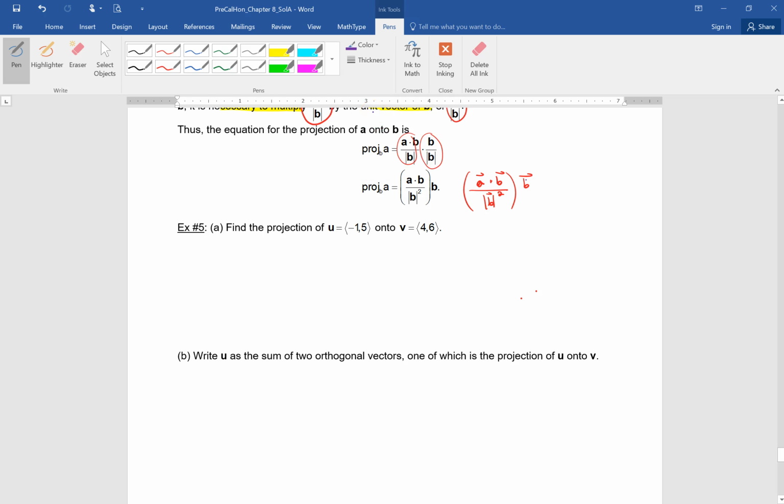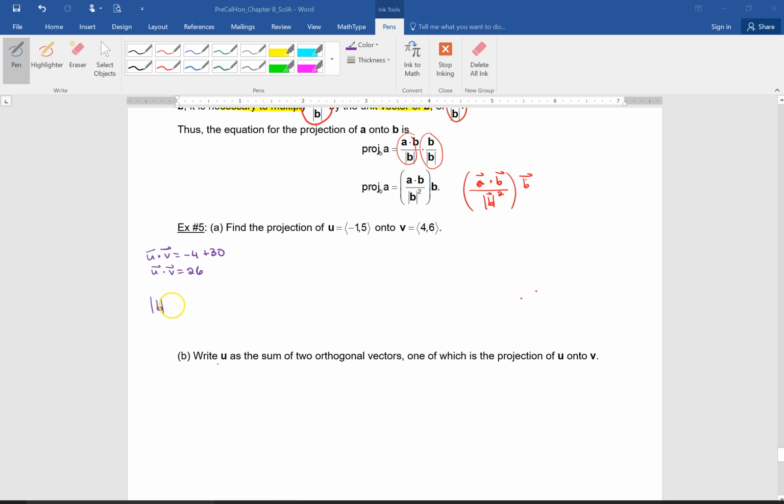So what we're going to do first is find U dot V. That's just -4 plus 30, so U dot V is 26. Now I want to find the magnitude of V squared.